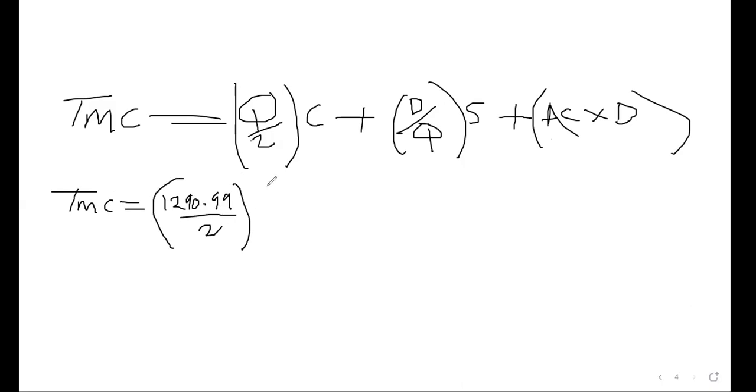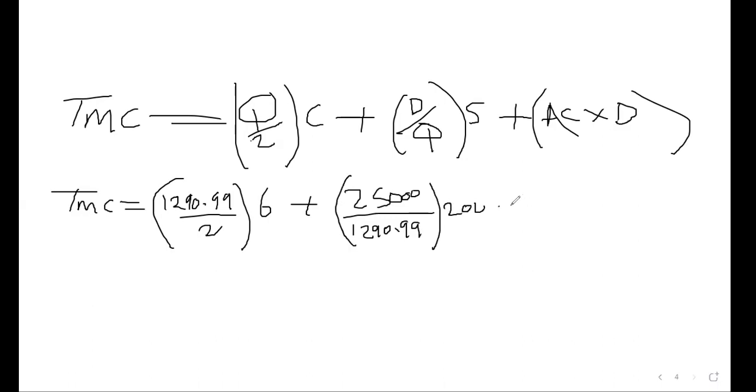Then our C is 6, plus 25,000 divided by 1,290.99 by 200. Then plus the other one, where we simply say unit price is 30 multiplied by 25,000. So this is it, the total material cost.